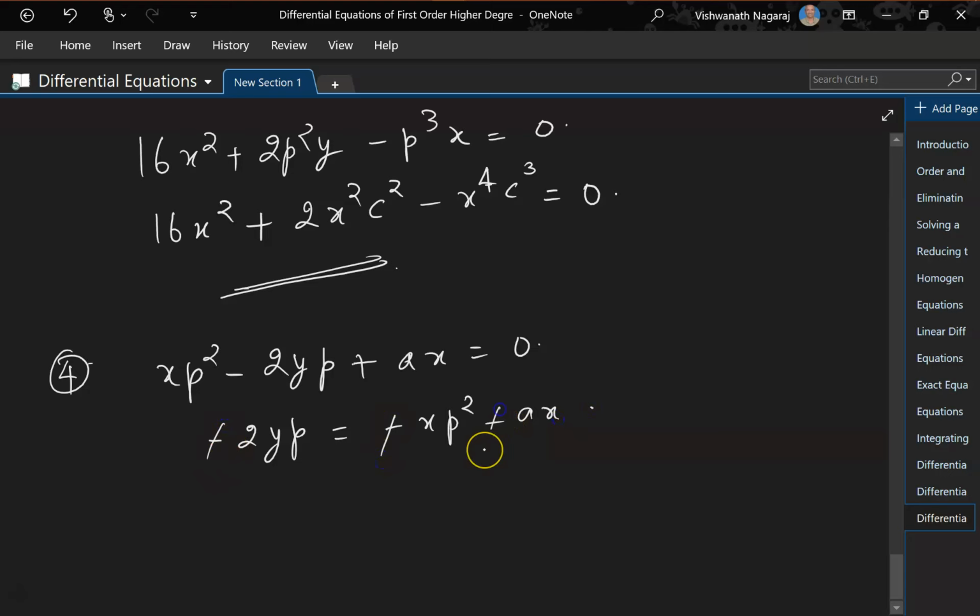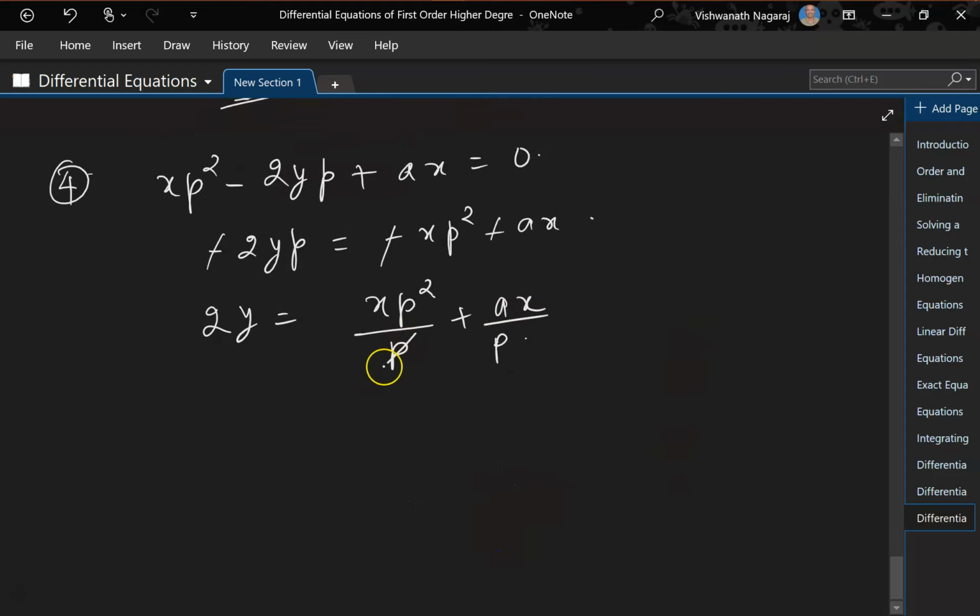Minus, minus, the minus signs get cancelled. 2y is equal to xp square by p plus ax by p. One of the p's gets cancelled. So 2y is equal to xp plus ax by p.